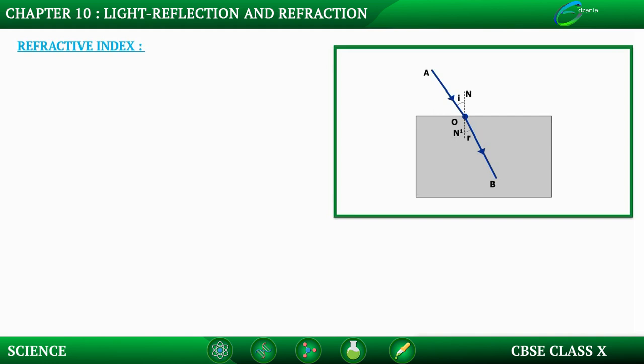The similar behavior of light is given by Fermat's principle of least time. It says that light will always choose the path between 2 points where it will take the minimum time to reach. The analogy we have discussed makes it clear why light is changing its direction, or why light is bending, when it is entering from one medium to another medium.